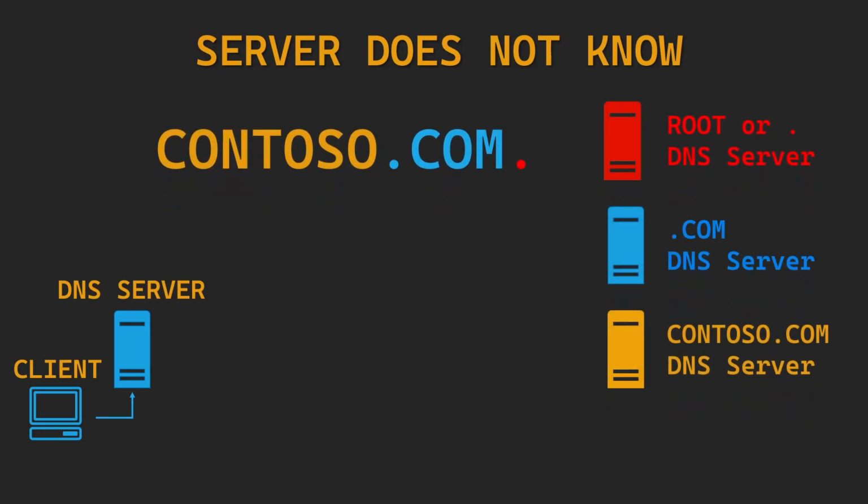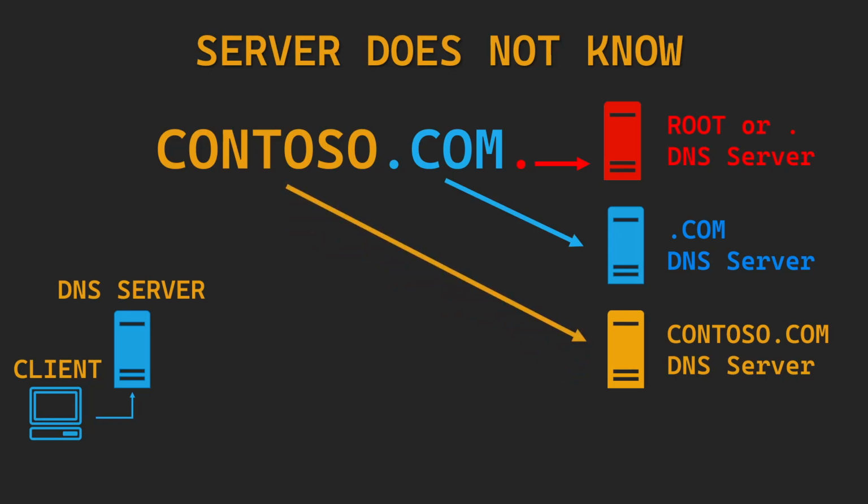So our DNS server requested a root server, or servers responsible for the dot zone, about which servers are responsible for the .com zone. After that it queries the DNS server responsible for the .com zone about which servers are responsible for the contoso.com zone. And after that it queries the contoso.com DNS server about the exact record.